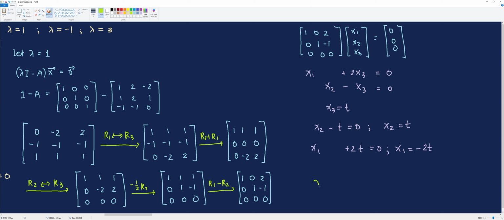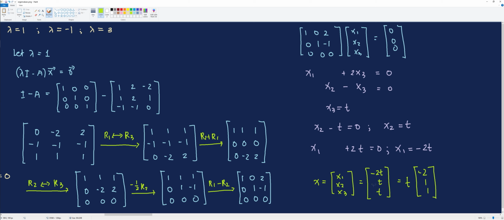And therefore, we have our solution. x is equal to x sub 1, x sub 2, x sub 3, which is equal to negative 2t for x sub 1, t for x sub 2, and t for x sub 3. Or, in other words, t times the vector negative 2, 1, and 1.